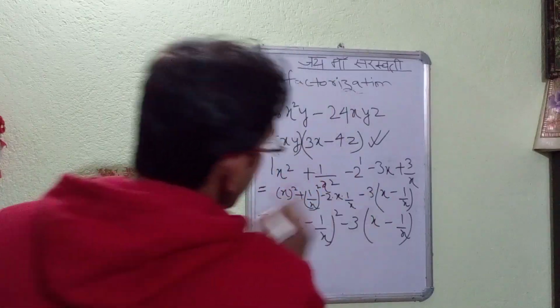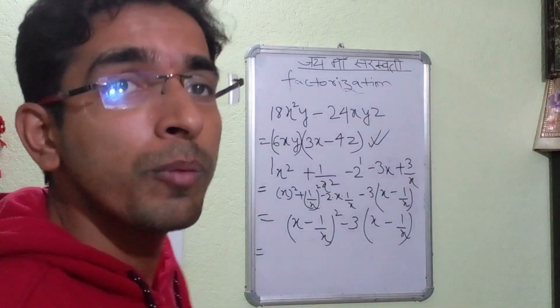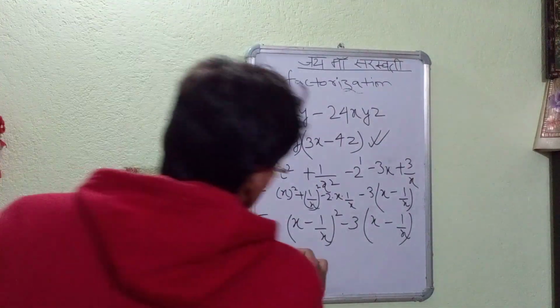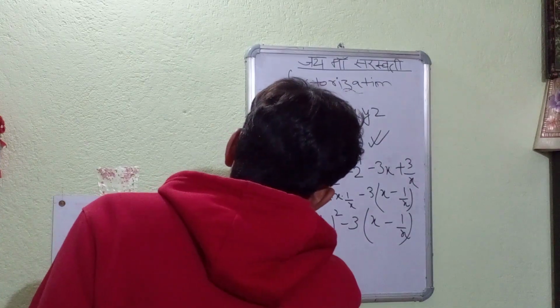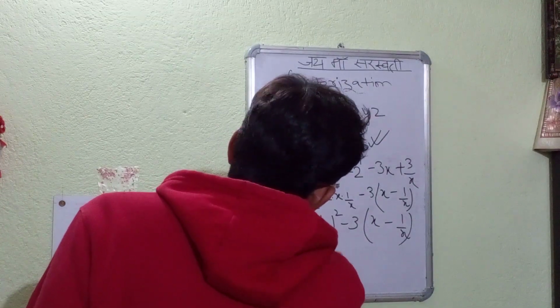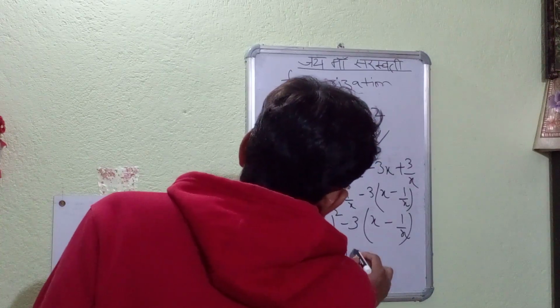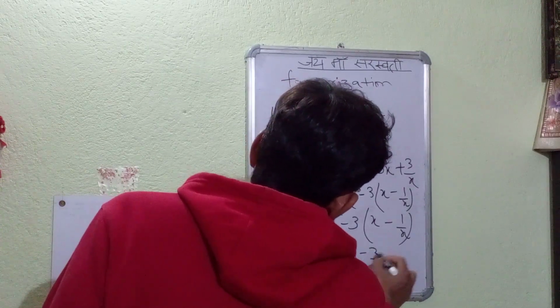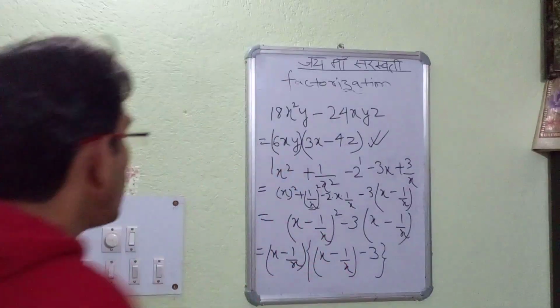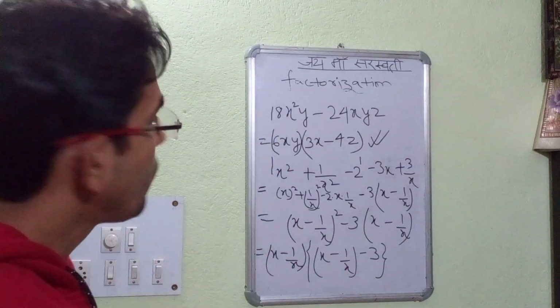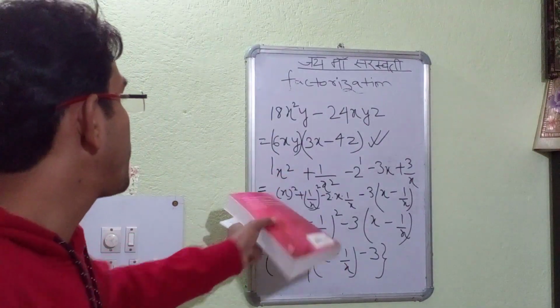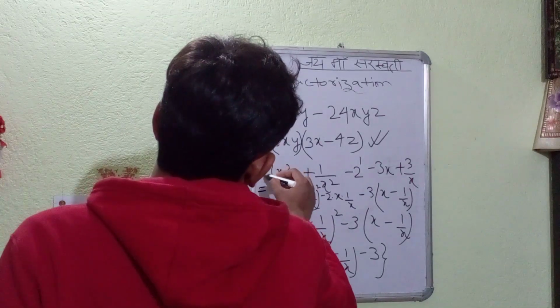So we have got the like terms, x minus 1 by x. We will take x minus 1 by x outside. Now it will be x minus 1 by x, understood? And it will be minus 3.